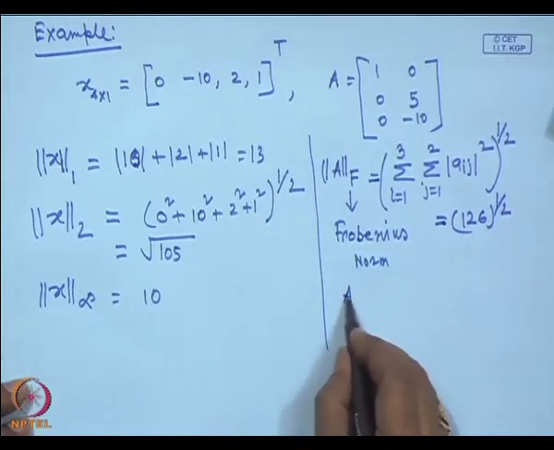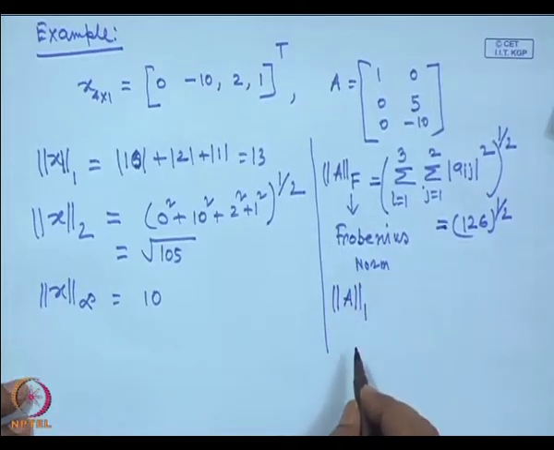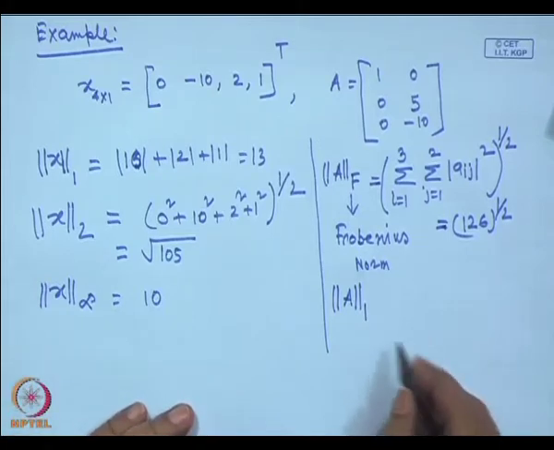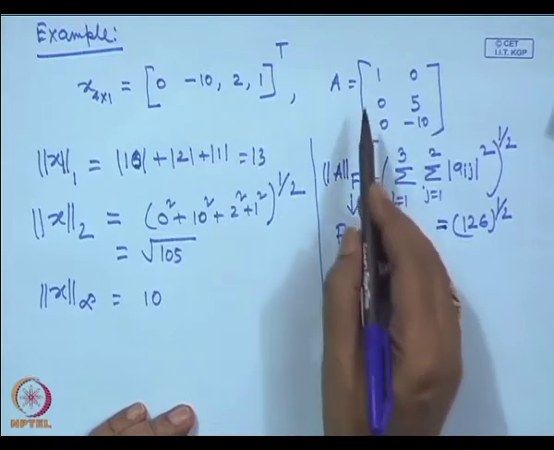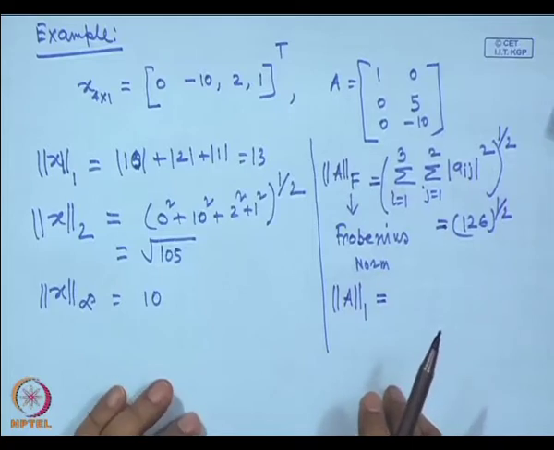Then the A1 norm, the L1 norm of a matrix, is equal to the maximum column sum.